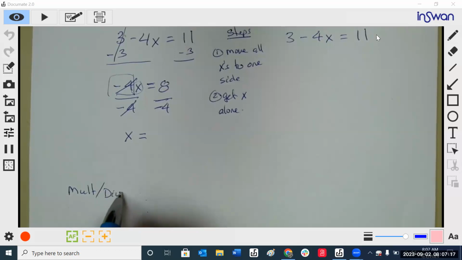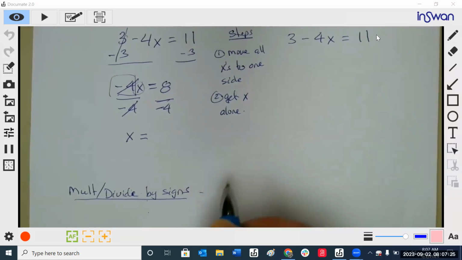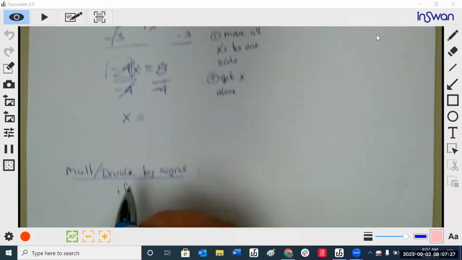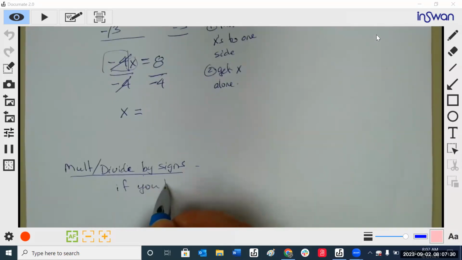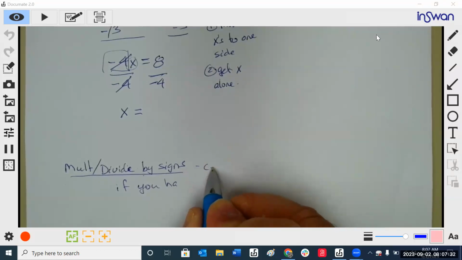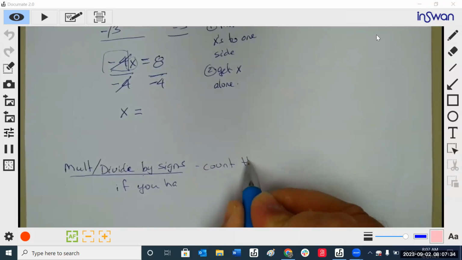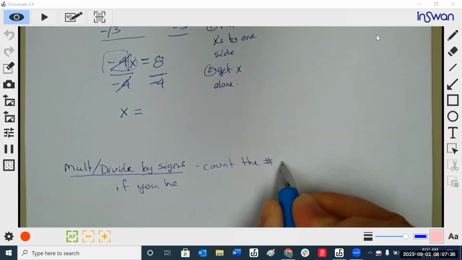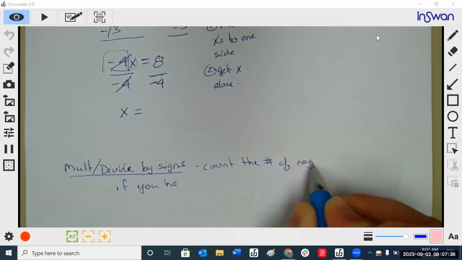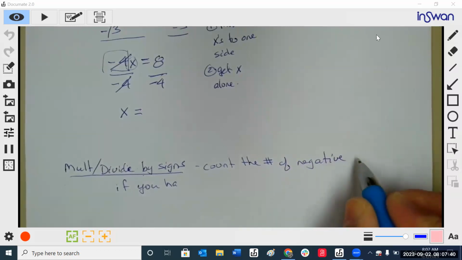Multiplying, dividing, by signs. Count the number of negative signs.